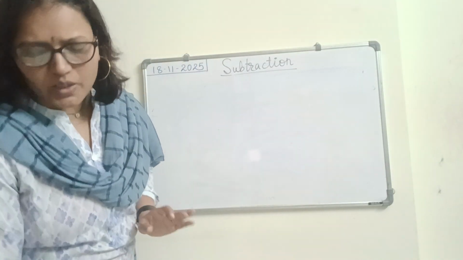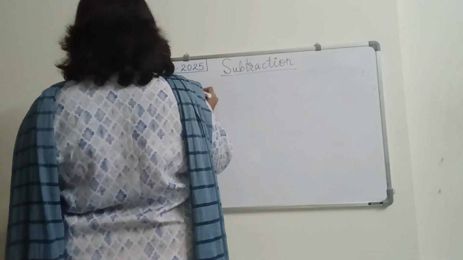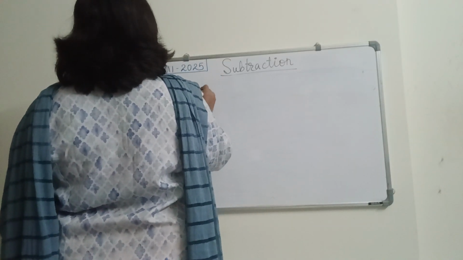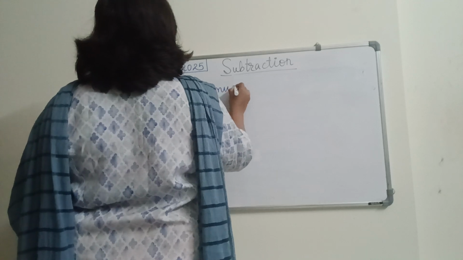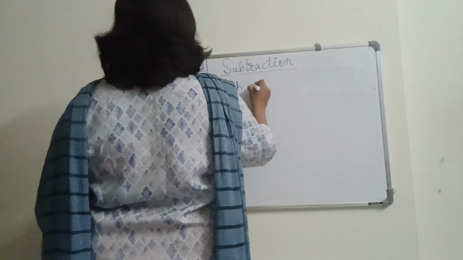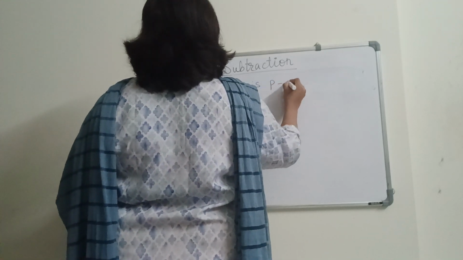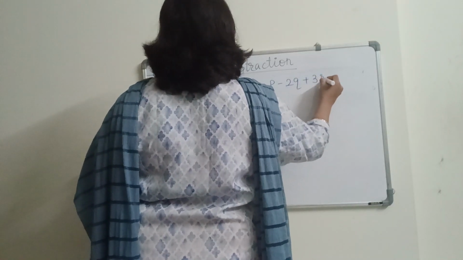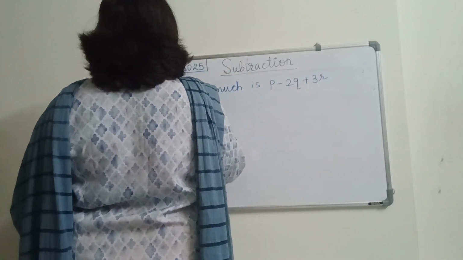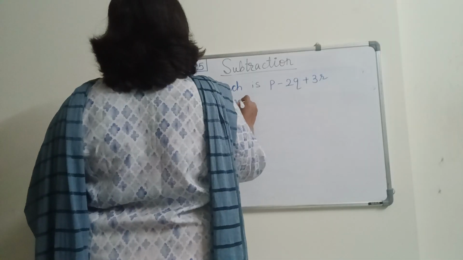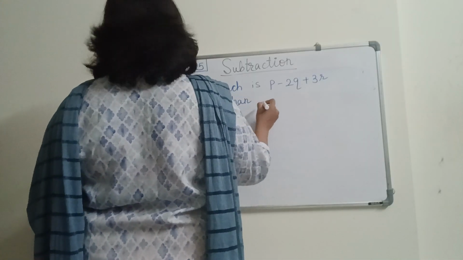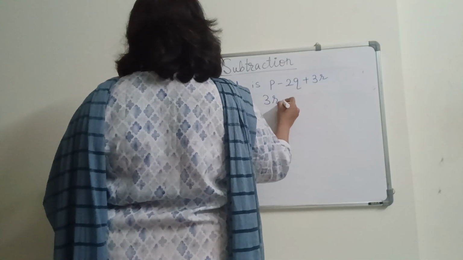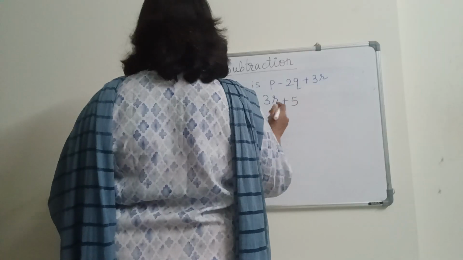So here the question is like this: How much is p minus 2q plus 3r less than 3r plus 5?